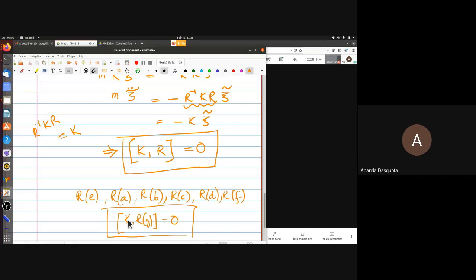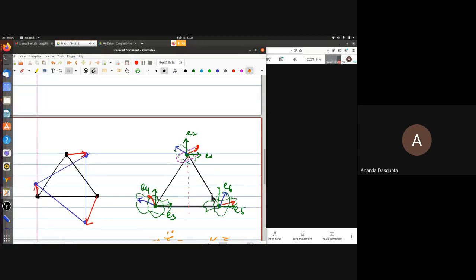And just like K has to commute with the matrix which represents a reflection about the medial line, it has to commute with all those other ones as well. The same argument can be repeated. If instead of reflecting along this line, I had rotated the whole system, then this vector would have gone here and pointed like this, this vector would have come here, pointed somewhat like this, and this vector would have gone here, pointed somewhat like this.